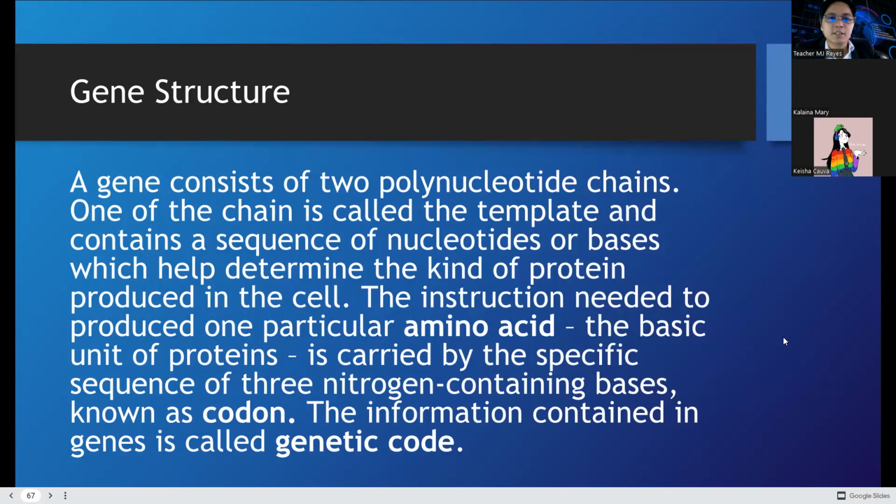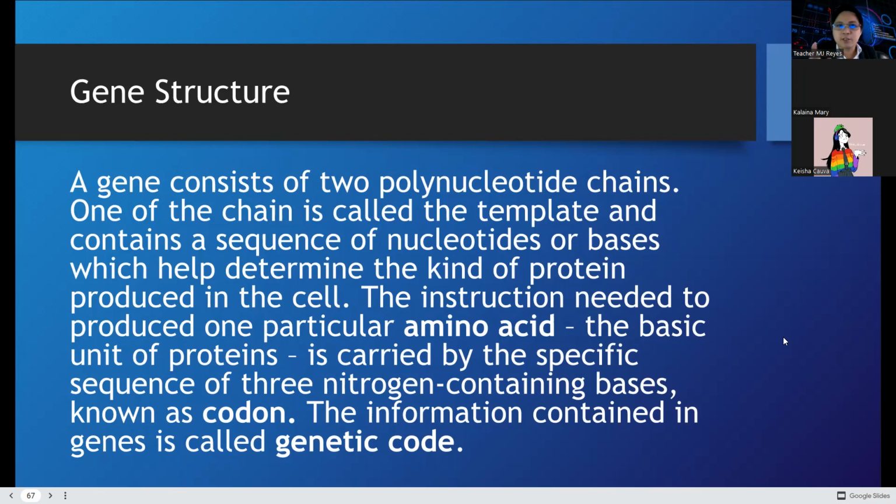Okay. A gene consists of 2 polynucleotide chains. One chain is called the template and contains a sequence of nucleotides or bases which help determine the kind of protein produced in the cell. The instruction needed to produce one particular amino acid, which is considered the basic unit of proteins, is carried by the specific sequence of 3 nitrogen-containing bases, known as a codon.